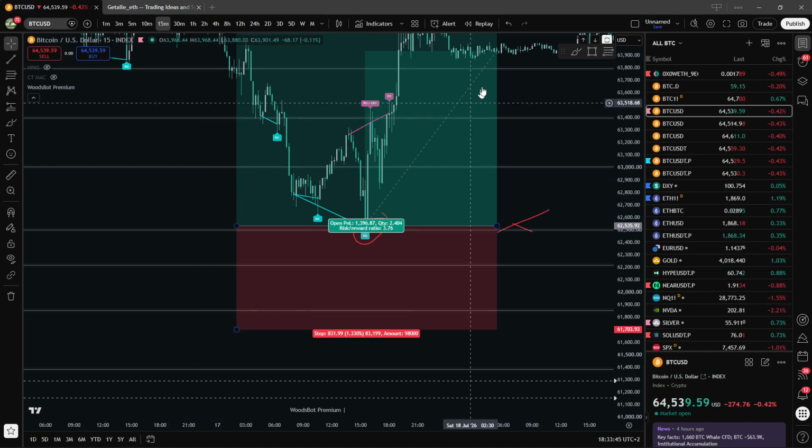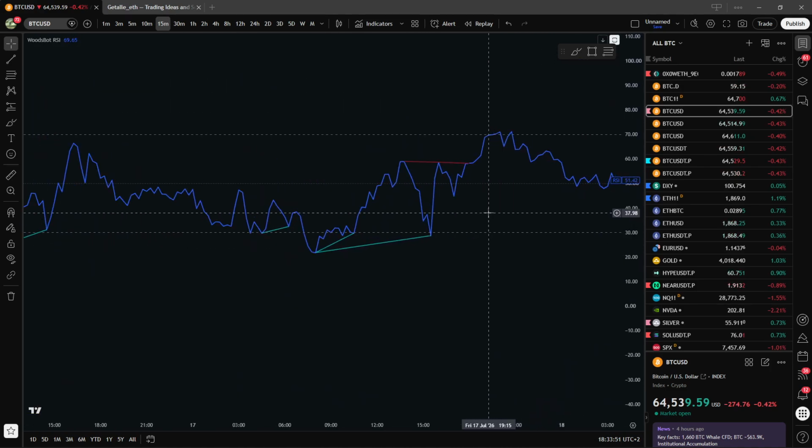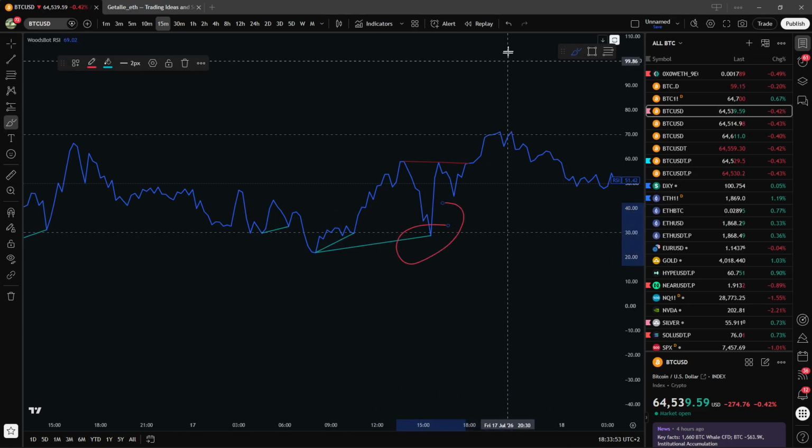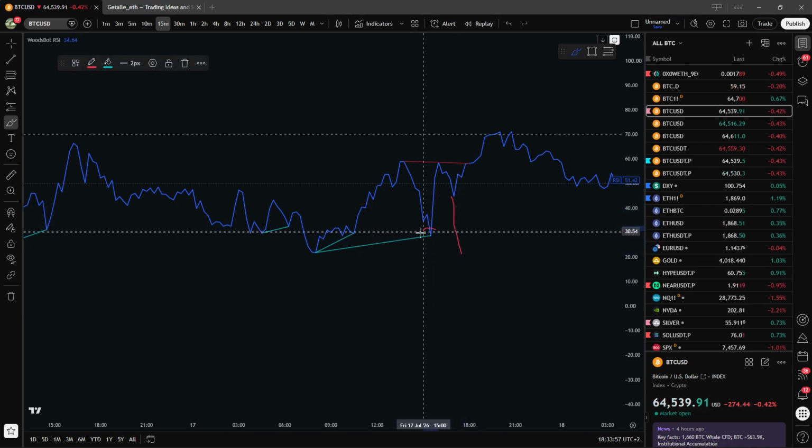If you look at the RSI, my reasoning to enter this trade was the bullish divergence right here. But if the RSI comes back down and closes below this bullish divergence, you can also close your trade. This is also possible, but it requires more attention, and you need to be more attentive and know what you're doing.